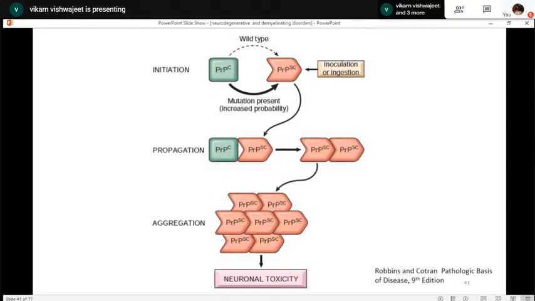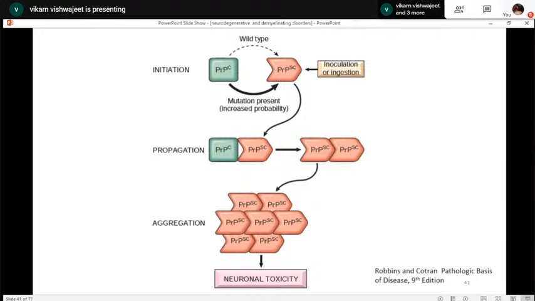A few points about the pathogenesis of prion disease. Cellular prion protein has an alpha helical structure, which can sometimes form a beta sheet PrPSc arrangement.